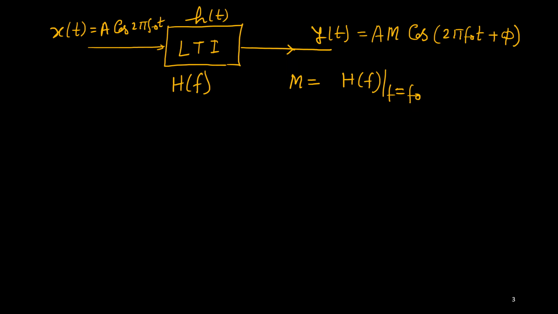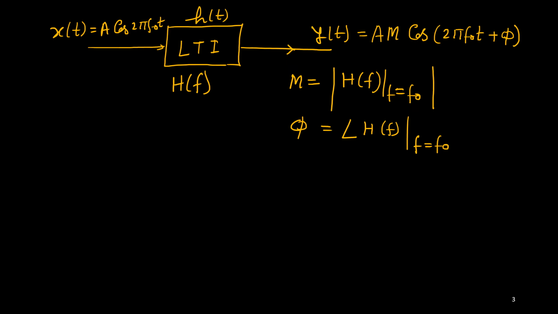That frequency we will consider in H(f), and that magnitude is this M, and the phase is the angle of H(f) at f equal to f naught. That's a very simple idea.